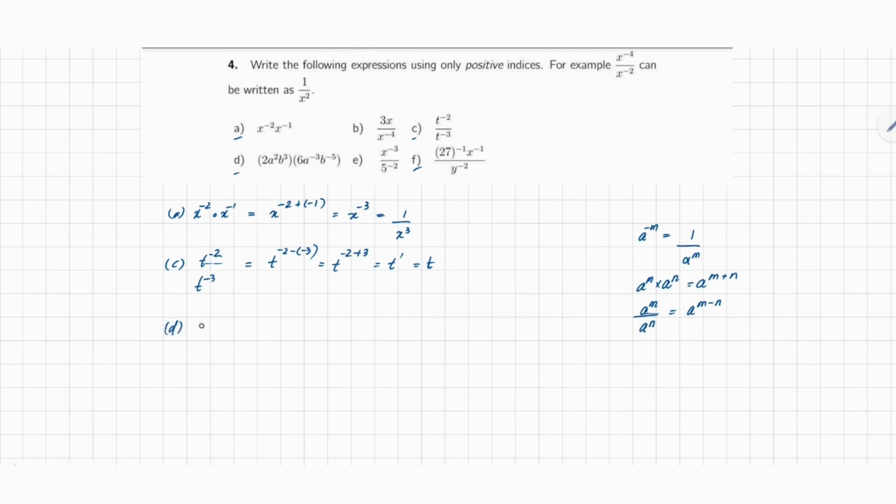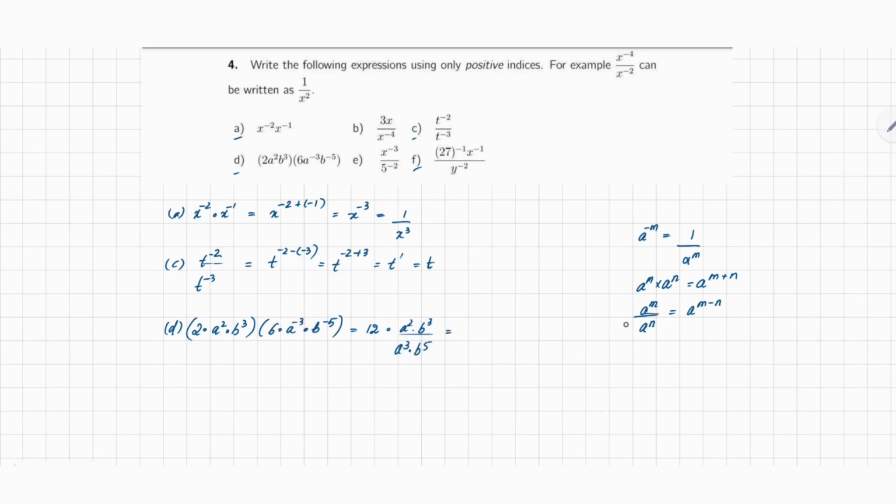For question D, we have 2 times a squared times b cubed, over 6 times a to the power minus 3 times b to the power minus 5. Now we can take 2 and 6 outside, so we have 12 times. We can write these in the denominator using the first rule over here. So we have a squared times b cubed divided by a cubed times b to the power 5.